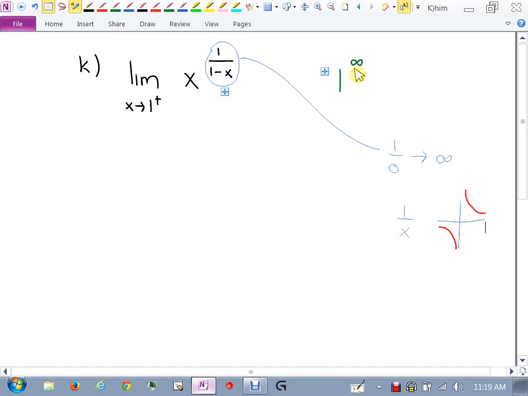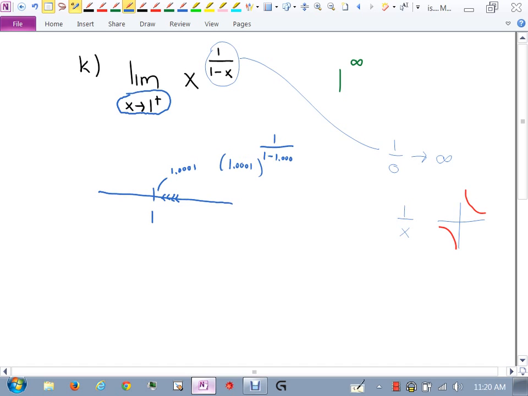Look, I'm approaching 1, right? And I'm approaching 1 from the right side. So values like 1.0001 would be something close. So that exponent would be 1.0001 raised to the 1 over 1 minus 1.0001. Well, check this out.